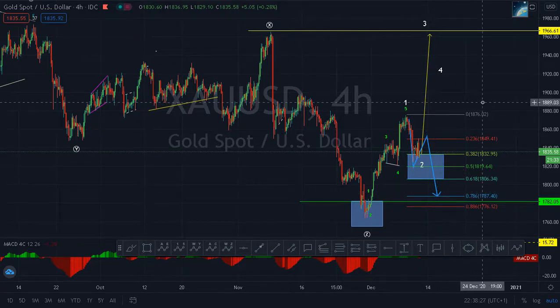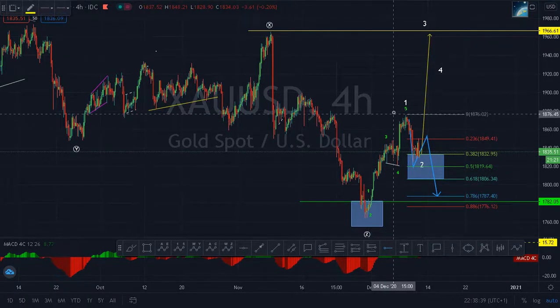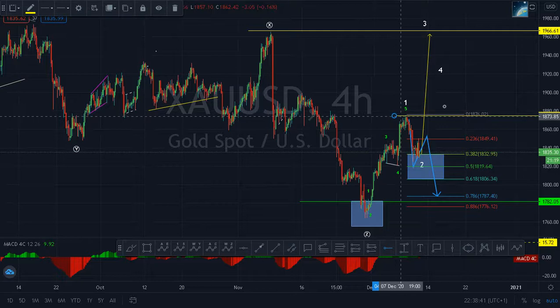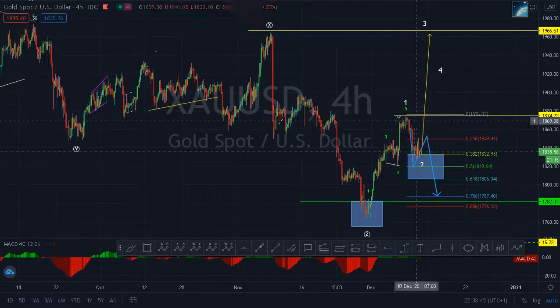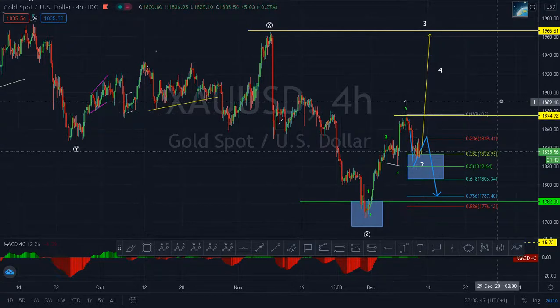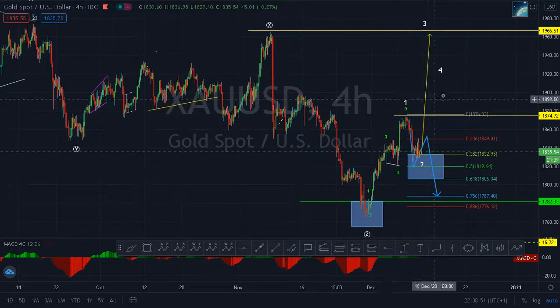So that is why the best thing to do on gold is to keep watching gold. Let us leave wave 2 to play out. Then if the price comes to where wave 1 is, we will look for a buy setup. The best thing is to wait for gold to close above here, because remember, this is the first impulse, 1 2 3 4 5, and this 5 is 1.